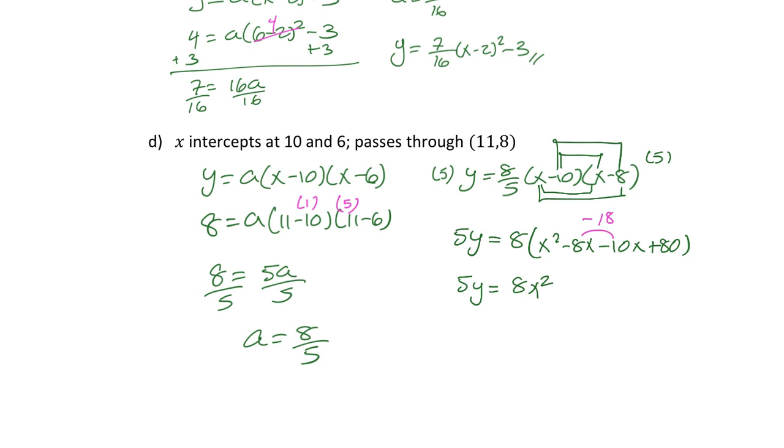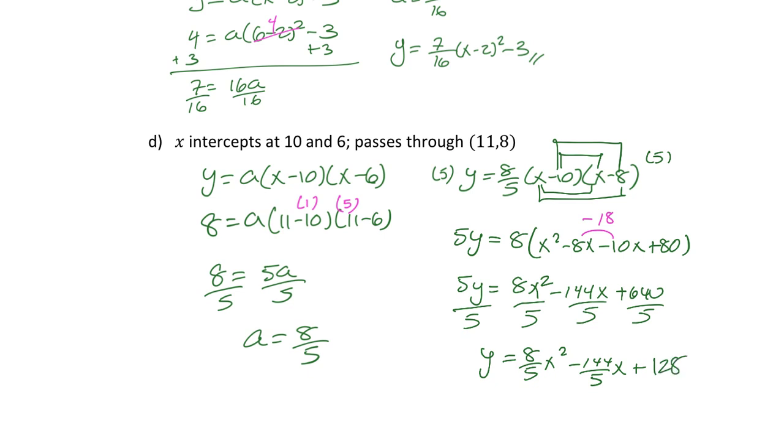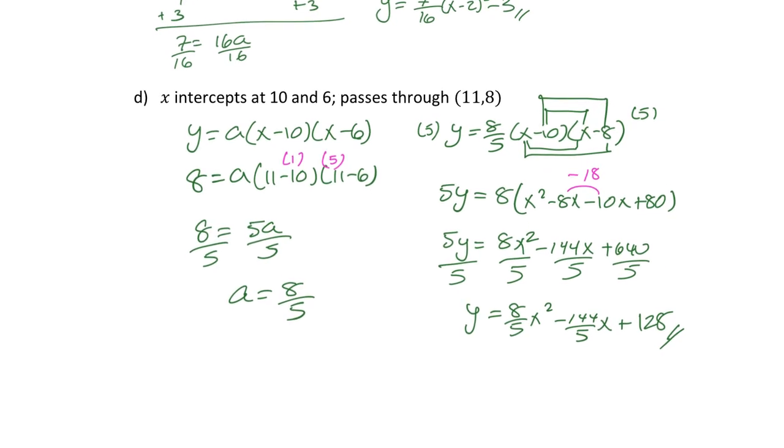When I multiply, 8 times negative 16 is negative 128x, and 8 times 60 is 480. Then I'm just going to divide everything by 5, so y equals 8 over 5 x squared minus 128 over 5 x plus 480 divided by 5, which is the same as 96. And that is my function, and we're going to keep it right there.